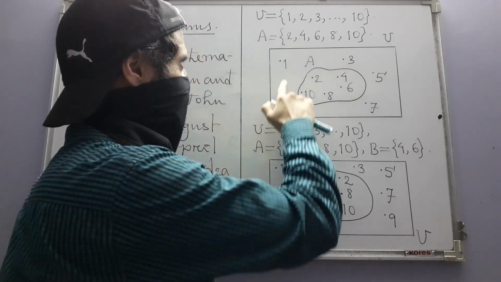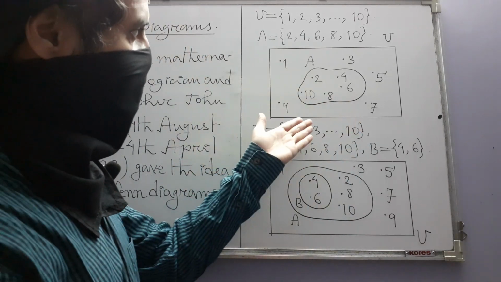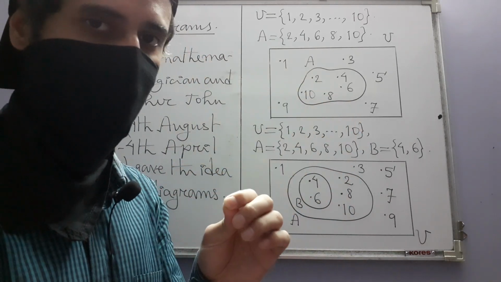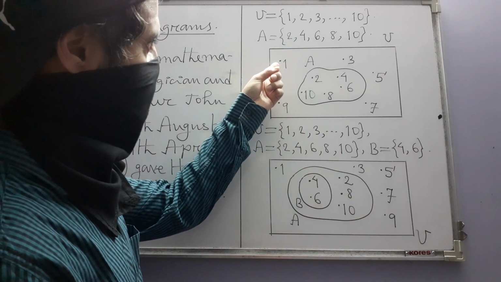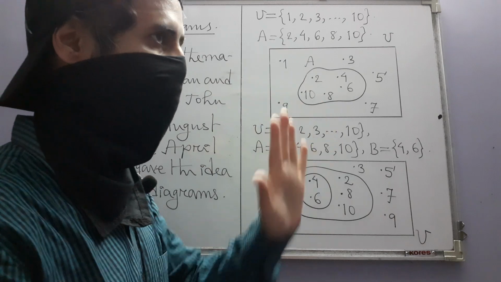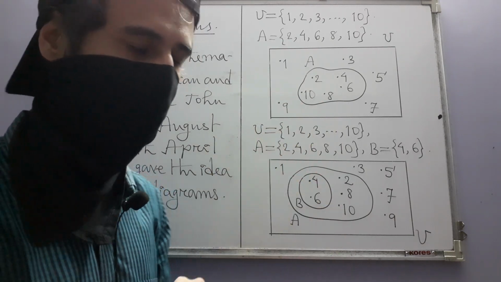Note that we have carefully drawn these dots and labeled them with the names of the elements that they are representing. For example, here beside this dot we have written 1, which means that this dot represents the element 1 pictorially.